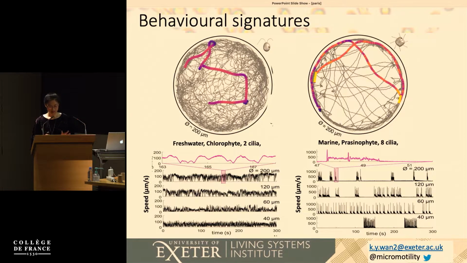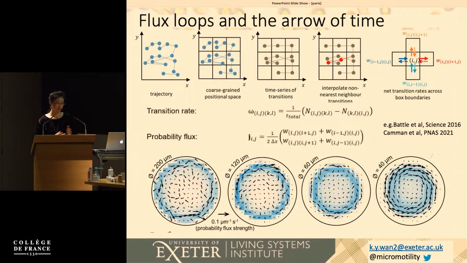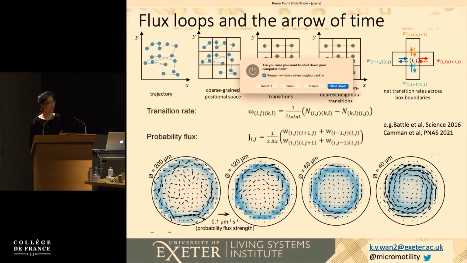But one of the major advantages of having long time series recordings is that we can then construct a flavor of what the cell experiences over time. If we take any continuous track, we can decompose space into these equal-sized grid boxes, and it's essentially a box counting exercise where you then proceed to evaluate the transition probabilities, essentially the likelihoods of transitioning from one box to another.